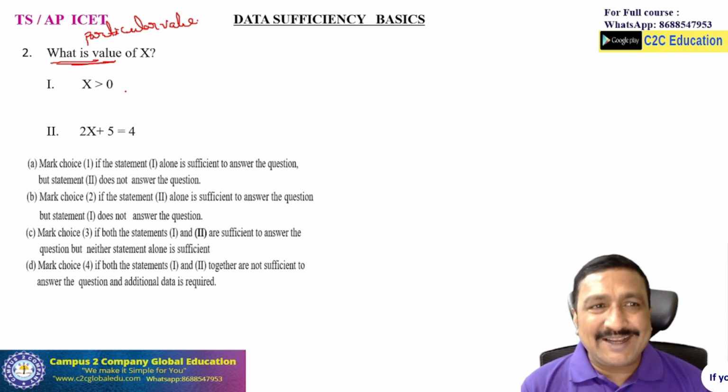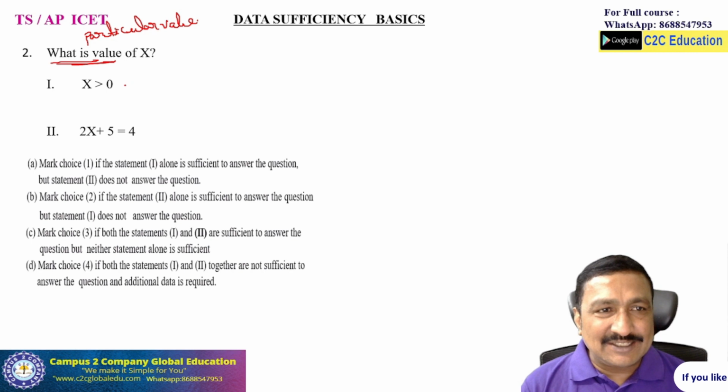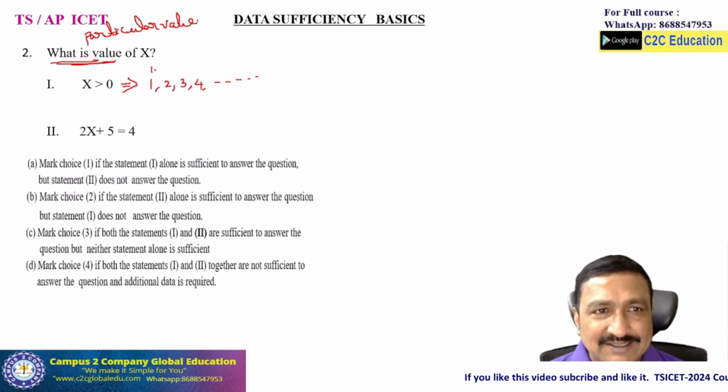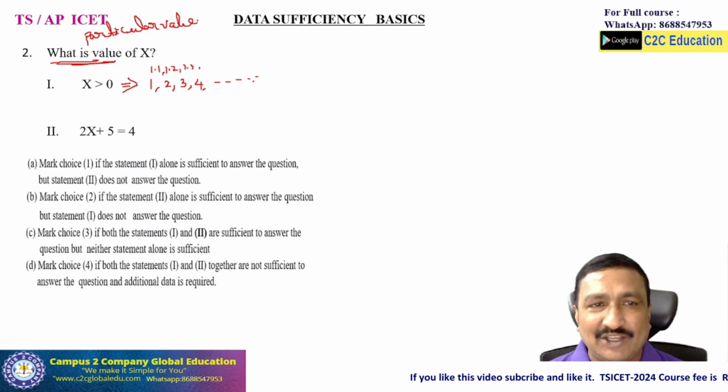It is an inequality. x is greater than 0 means x is not equal to 0; x may be 1 or 2 or 3 or 4 and so on, or we can take x as 1.1, 1.2, 1.3 or 1.4. So many values will come.